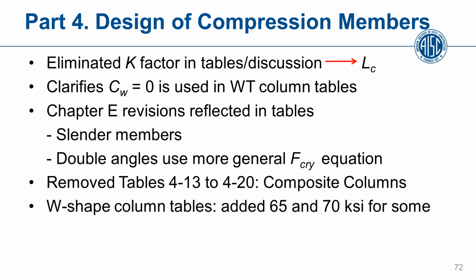Tables for composite columns 4-13 through 4-20 have been removed. Now they will be available in some of the resource material we're going to go through a little later that is not in the manual any longer. And for the W-shaped column tables, we've added 65 and 70 KSI material for some of the column shapes. We'll look at those at this point.